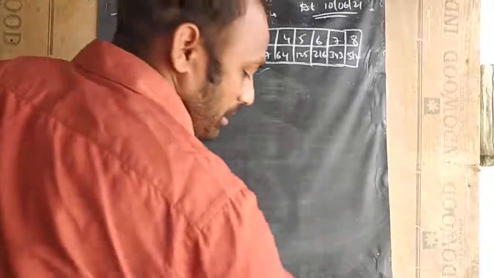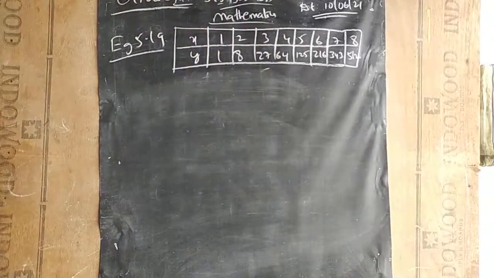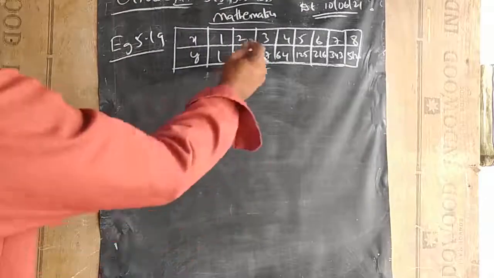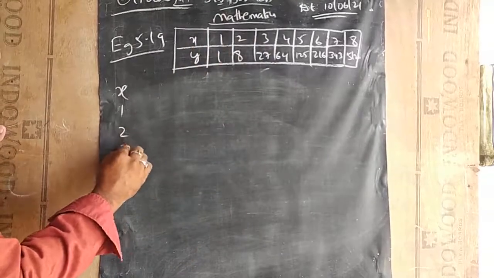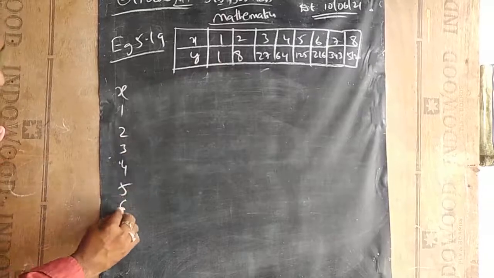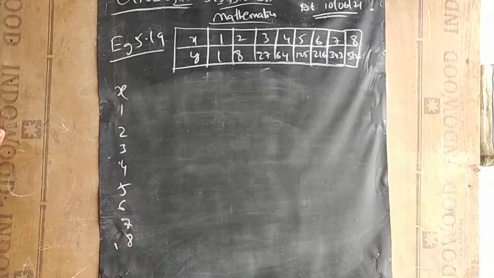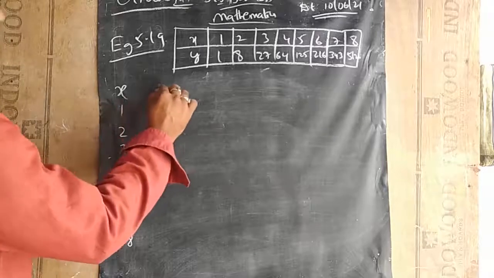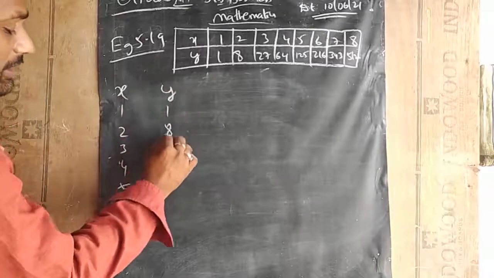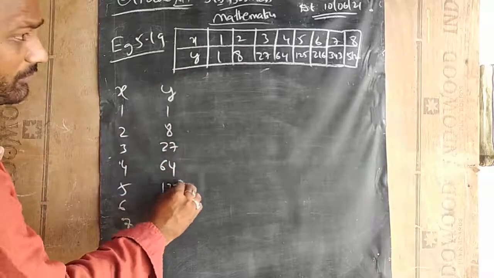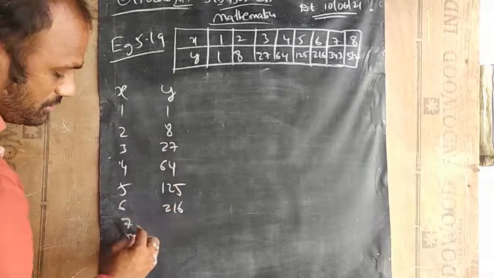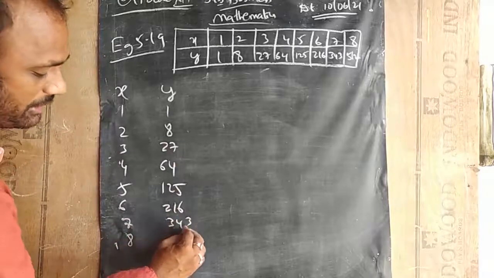So first we have to write that backward interpolation table, that is x 1, 2, 3, 4, 5, 6, 7, 8. Next y 1, 8, 27, 64, 125, 216, 343, 512.